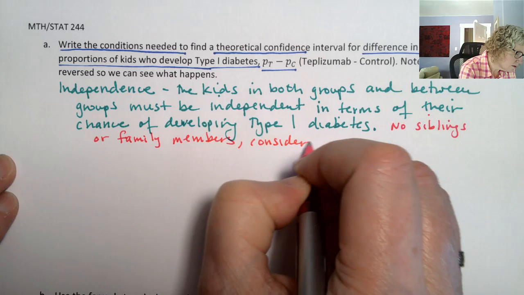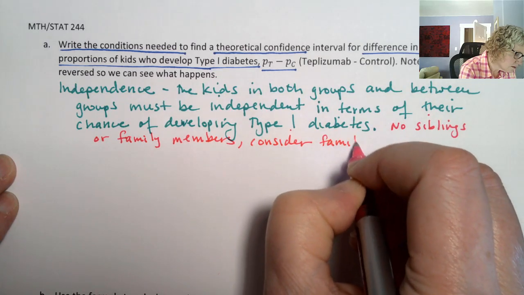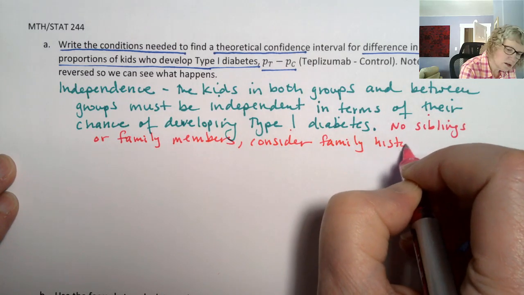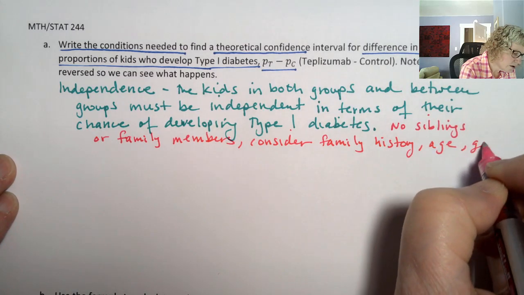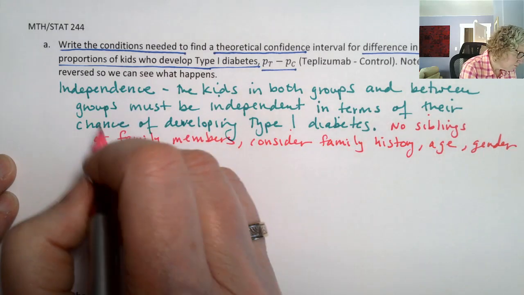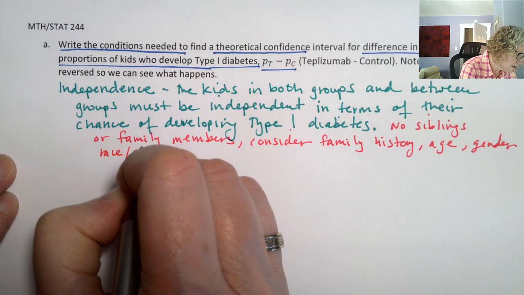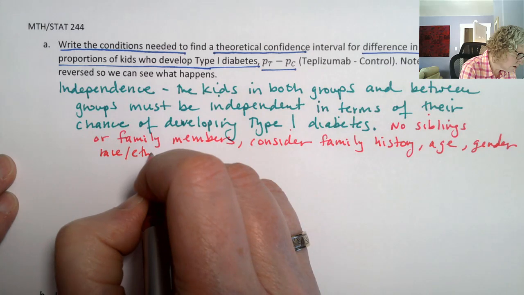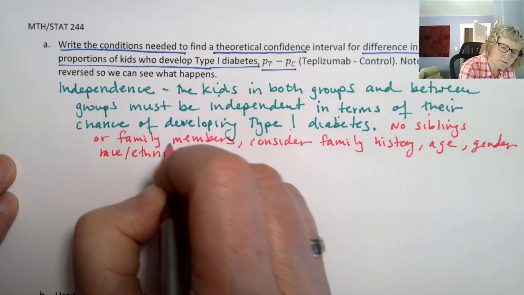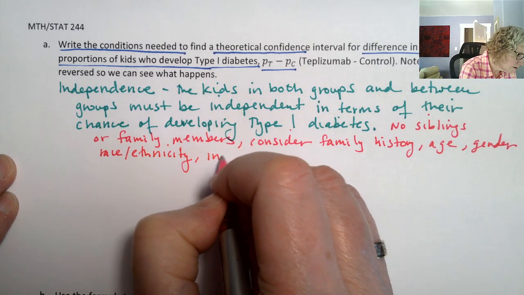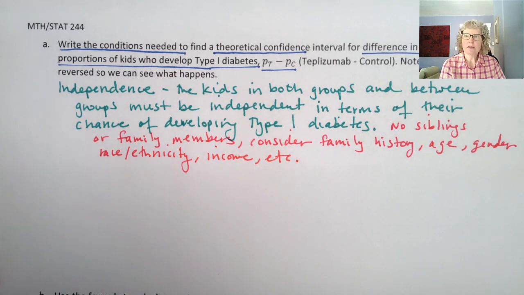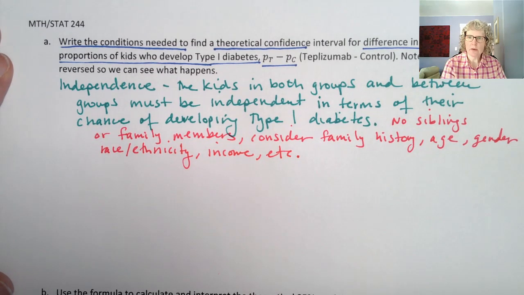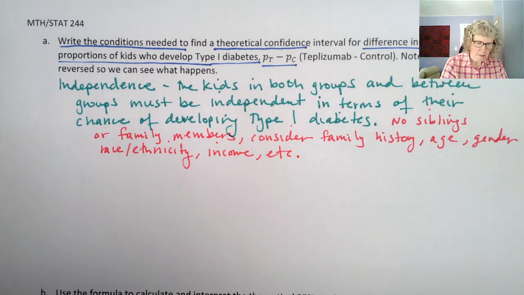Consider family history, and then things like age, gender, race and ethnicity, the things we always consider. Maybe income, etc. So lots of things we need to consider to make sure that we are getting independence and can use this model.